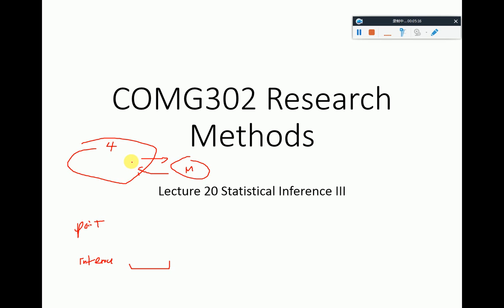But you can easily imagine that if we don't include all data points from this population in the calculation, and instead only use a subset of the data points, then the mean that we calculate could be 4, but very likely it will be a little bit off from 4. It could be 3, it could be 5, it could be 3.7, it could even be 2, it could be any number.